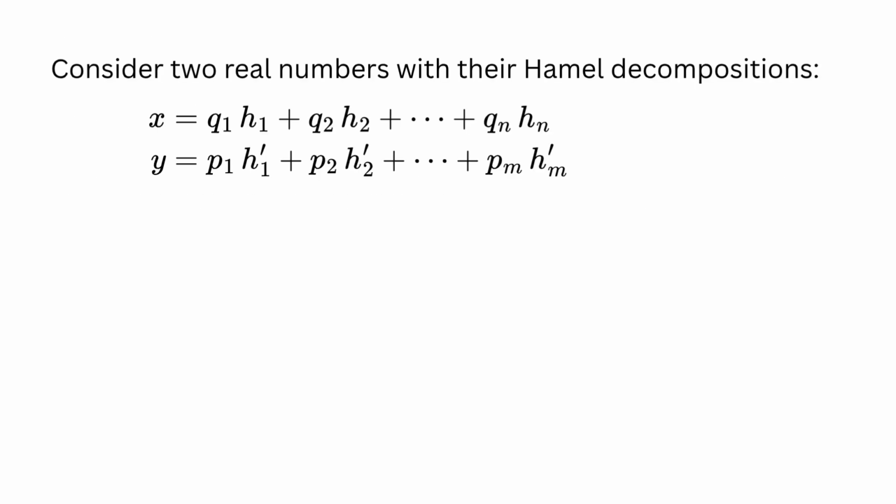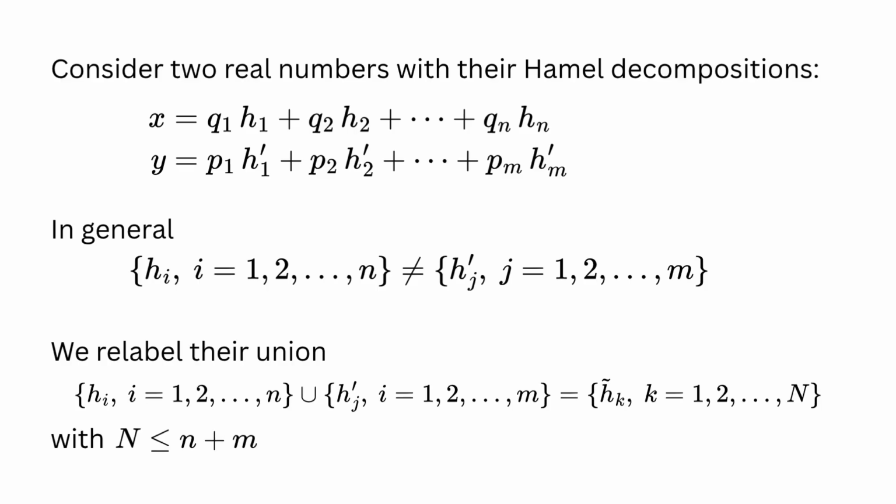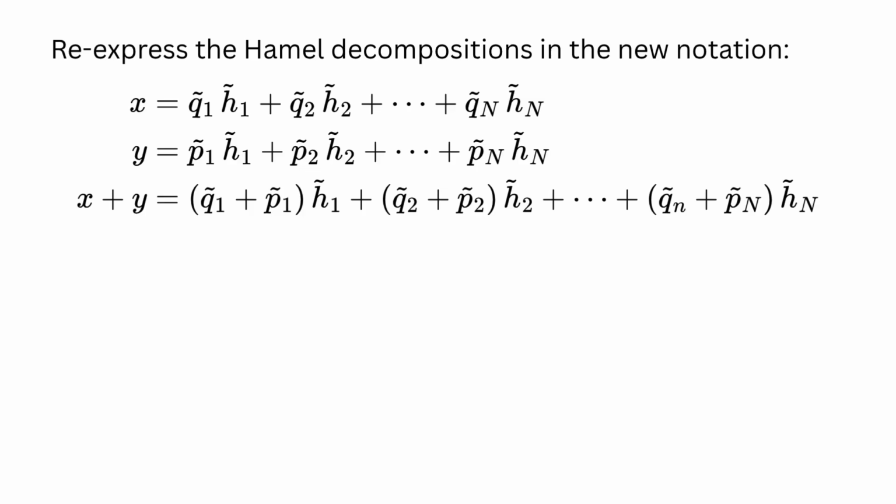To prove it, consider two real numbers x and y with their Hamel decompositions. In general, the two sets of the Hamel elements which appear in the two decompositions are distinct. However, their number is finite. We relabel the union of the two sets, and we re-express x, y, and their sum in terms of the relabeled elements, using zero coefficients for those elements that do not appear in the decompositions.